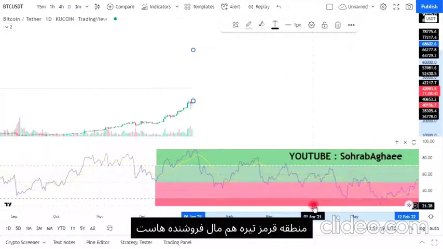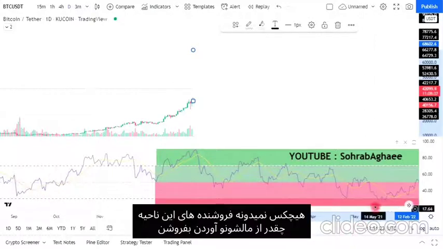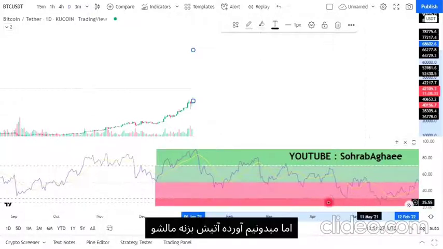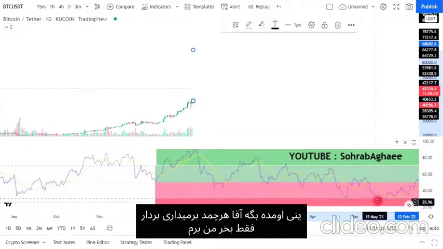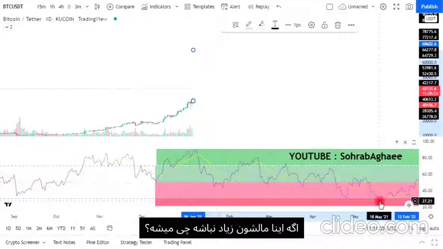Dark red is also a seller's area. Sellers in this area may or may not be powerful, but we know they are eager. That is, they decide to sell cheaper than usual in the market. What will happen if these sellers don't have power?